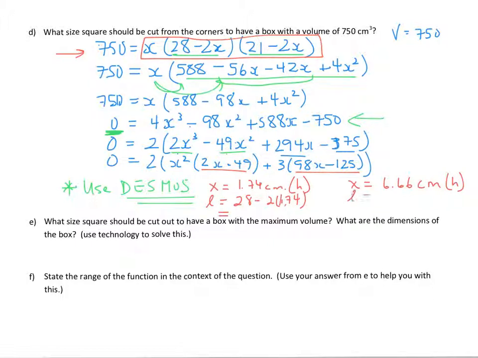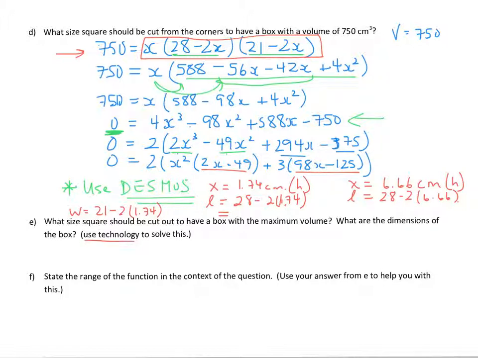And again, do it for this one, 28 minus 2 times 6.66. And then you can solve also for your width, which is the 21 minus 2 times the x. So you can solve for those dimensions. I ended up with, where am I going to put this though? Yeah, so you would have your dimensions for that. I'll try and type that in.